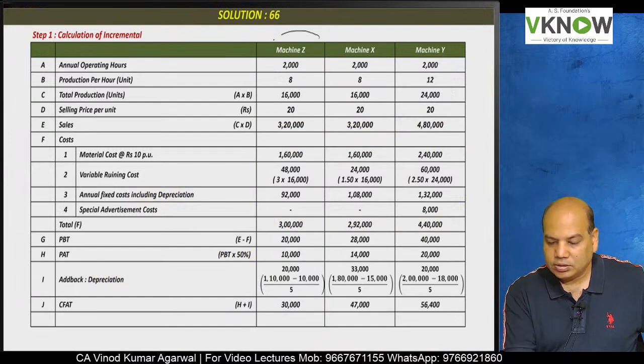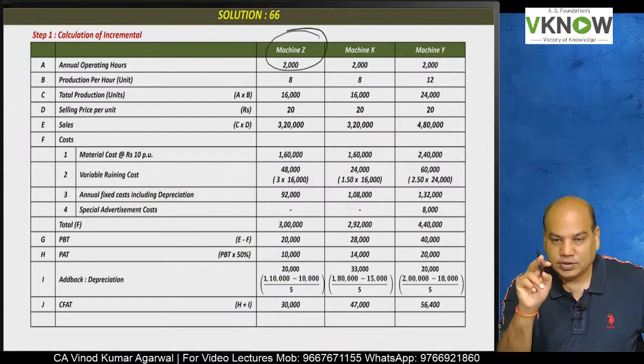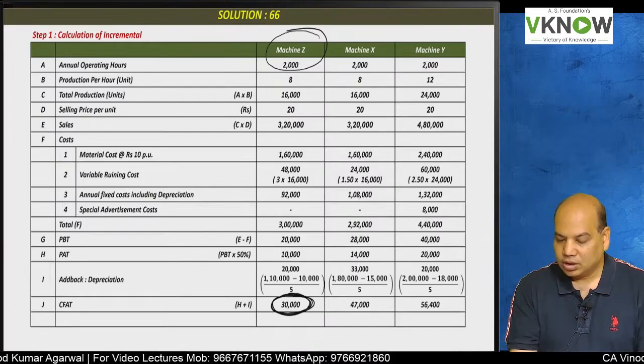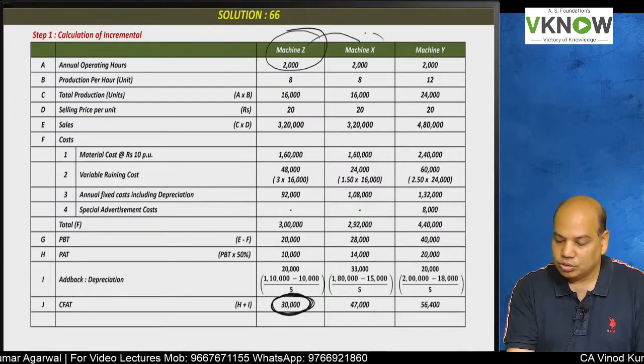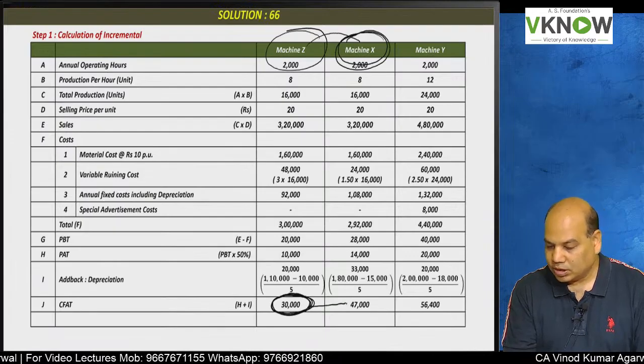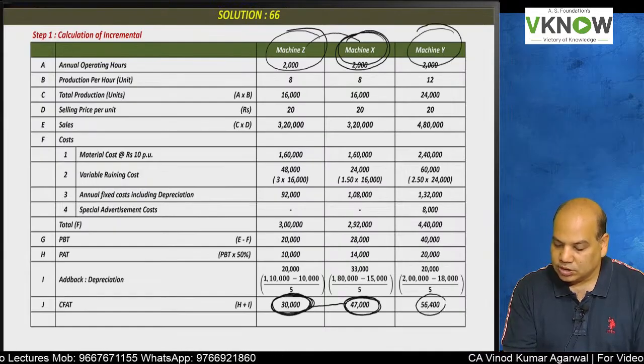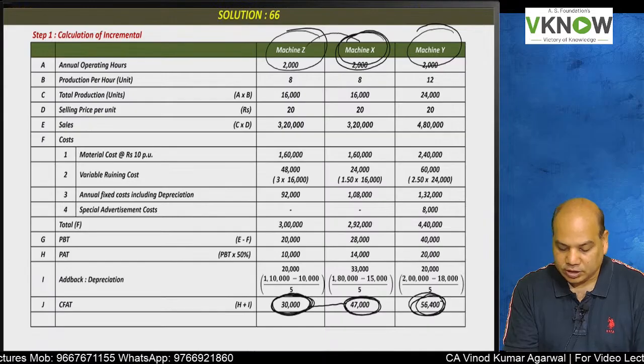If I continue with machine Z, my CFAT would be 30,000. If I replace it by machine X, my CFAT will be 47,000. And if I buy machine Y, my CFAT will be 56,400.